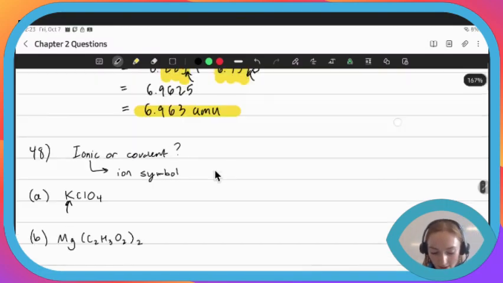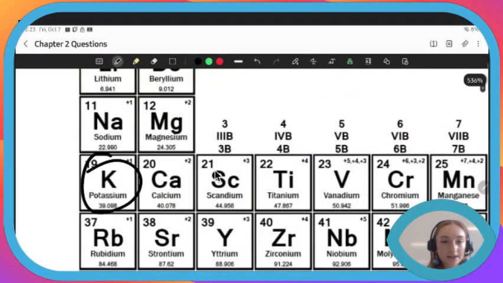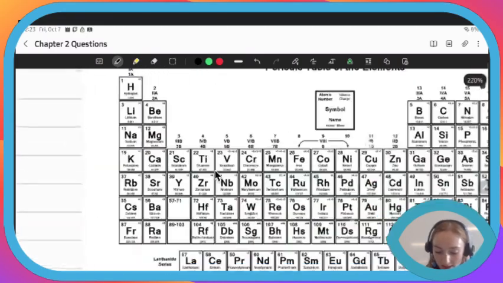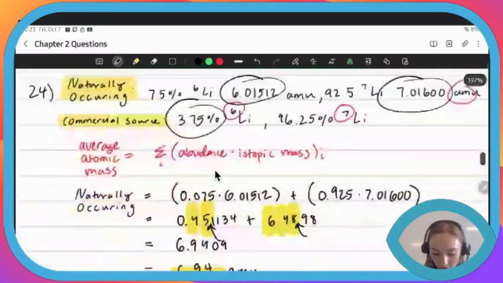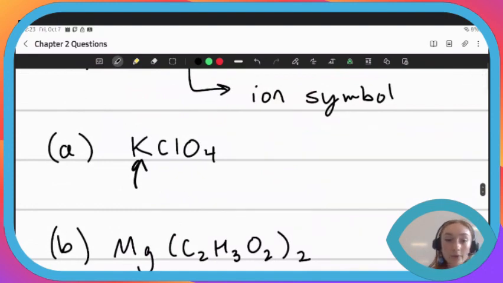Looking back at our periodic table, that is potassium, an alkali metal, and it has a +1 charge. And the ClO4 is going to be perchlorate, one of the ions that you need to know for your class.